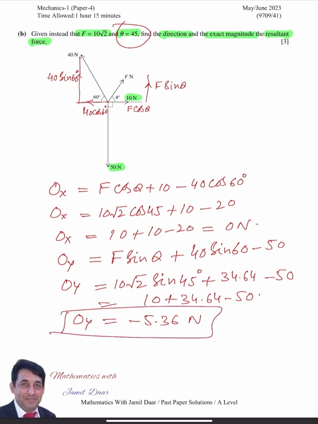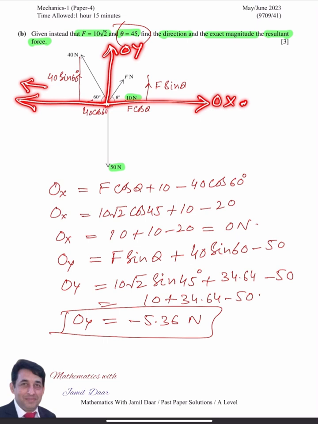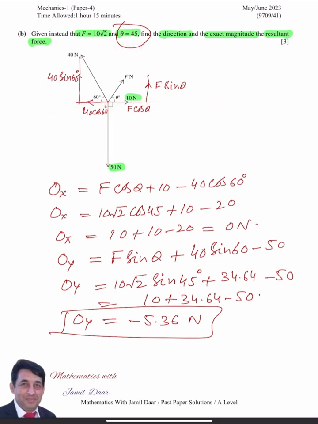That means, if this is Oy and this is Ox in this direction, Ox is negative, so the horizontal component is in this direction. Now Oy is negative, that means it is in this direction. Okay, so we'll write down the resultant force is equal to 5.36 Newton in the direction of 50 Newton.